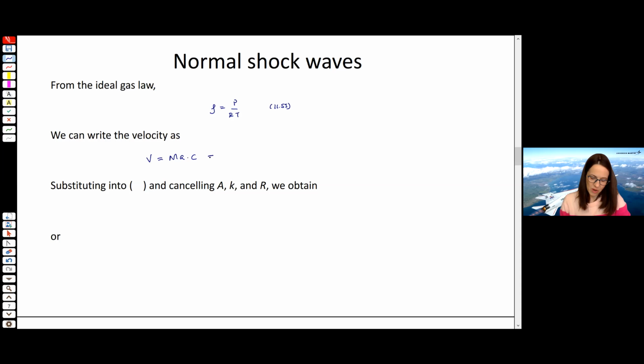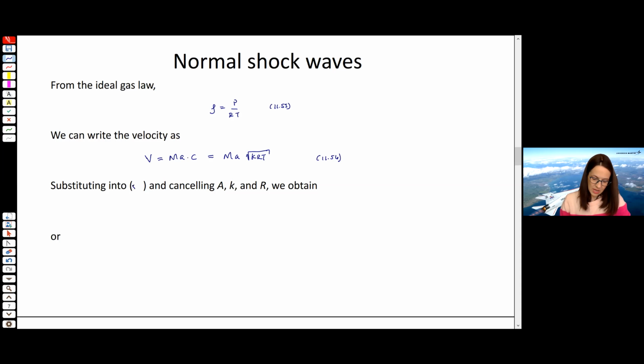But if we now rewrite C using square root of kRT, like we derived time before last in lecture 28, we get this expression for the velocity. And this is 11.56 in your textbook.